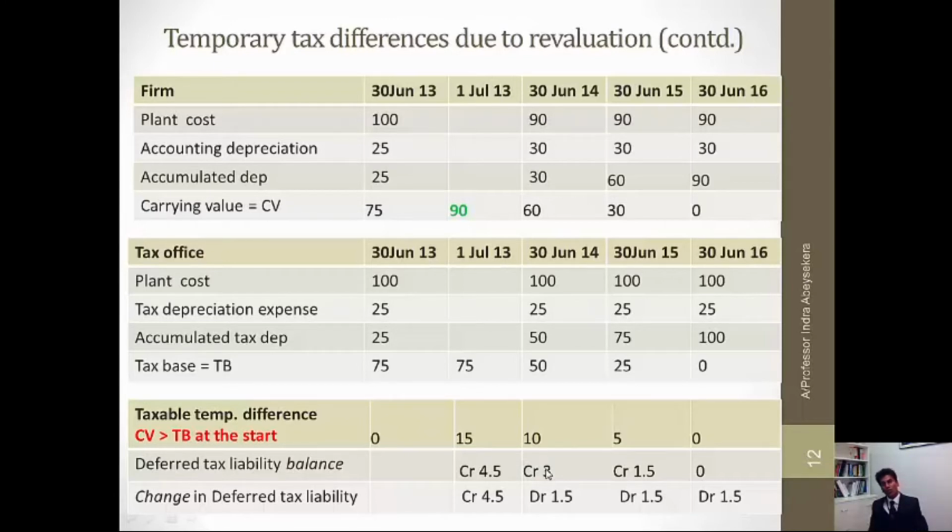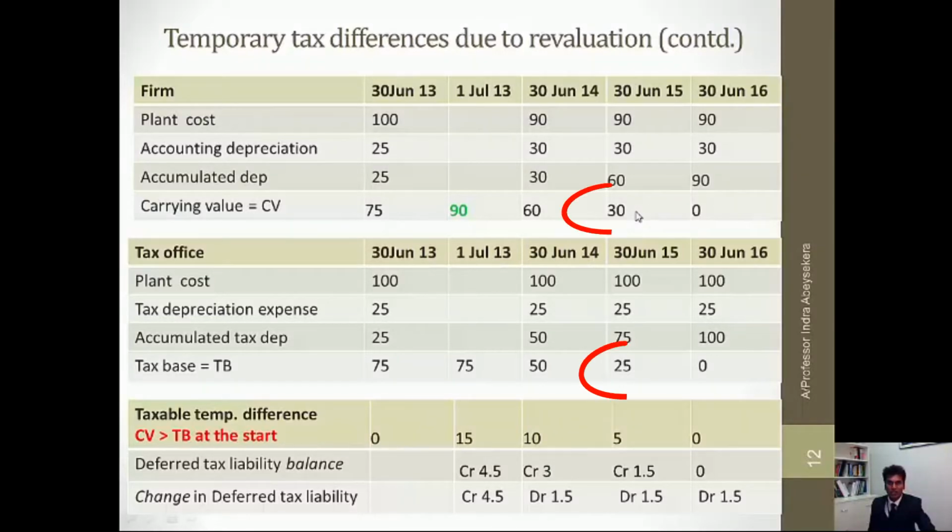Now, in the previous year, we recorded a deferred tax liability of 4.5, and now it is 3. So the deferred tax liability has decreased. So we need to debit deferred tax liability 1.5 to bring it to 3.